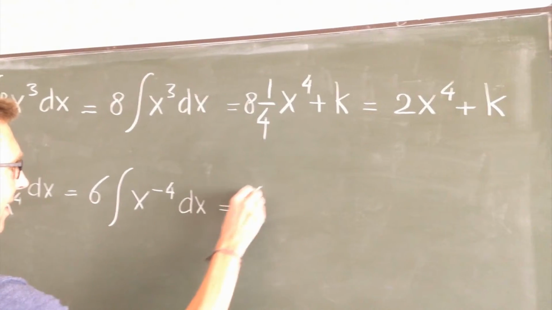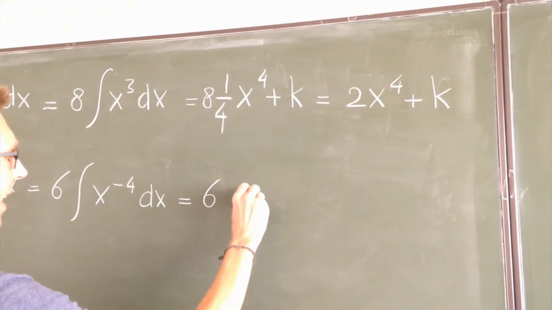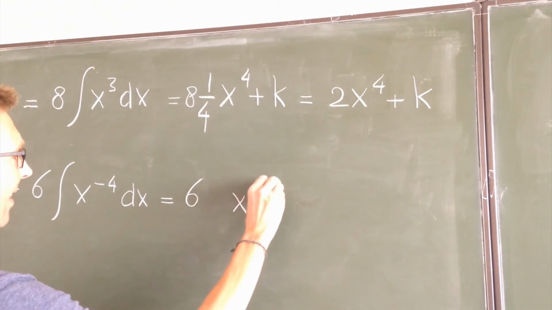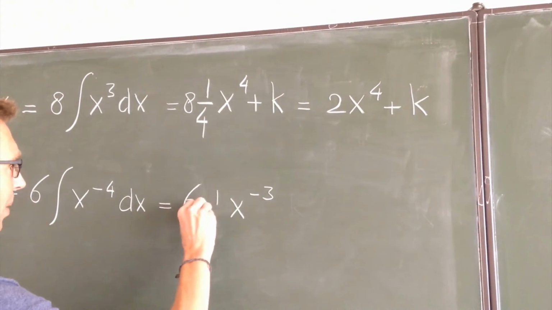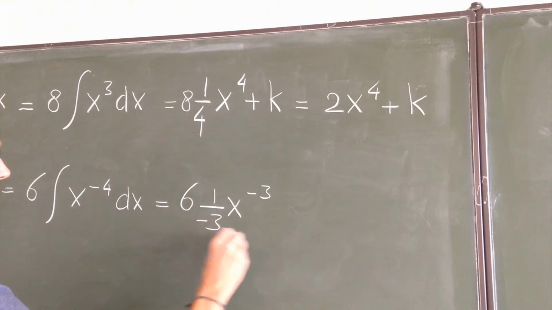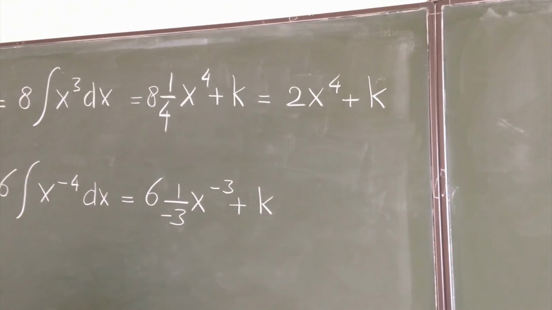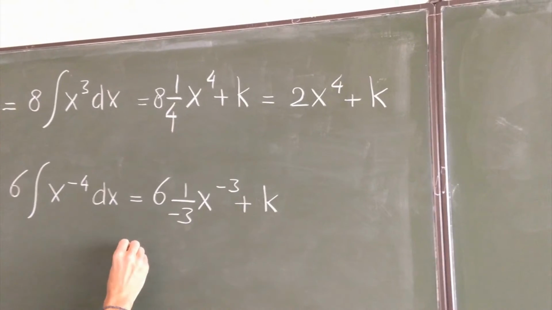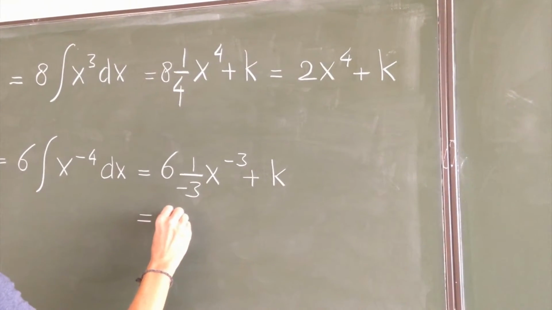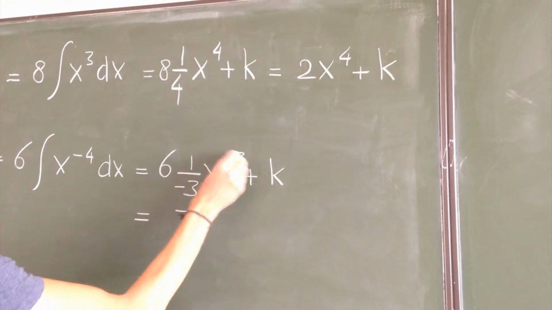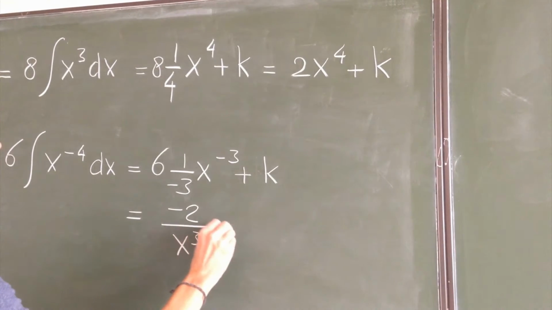So this gives 6, nothing happens to that, times, important main rule, x to the power minus 3, 1 higher than minus 4, and you also have to divide by minus 3. Plus of course the integration constant k. You can rewrite this as 6/minus 3 equals minus 2 and x to the power minus 3 equals 1/x to the power 3. So finally it looks like this.